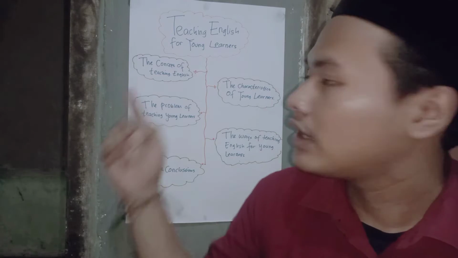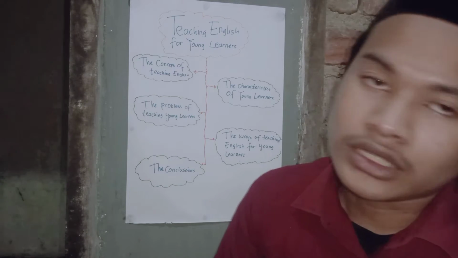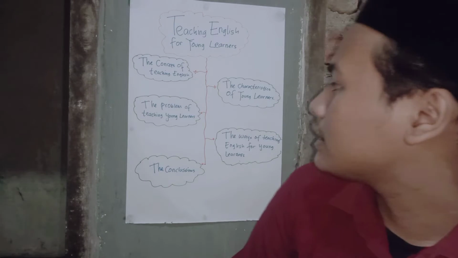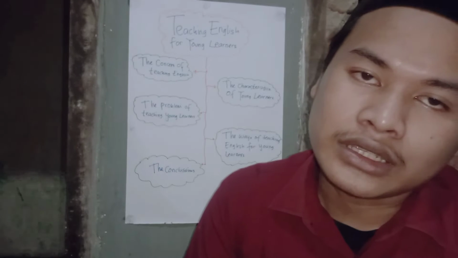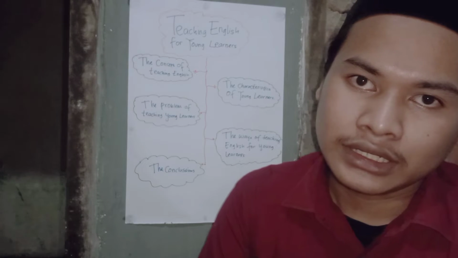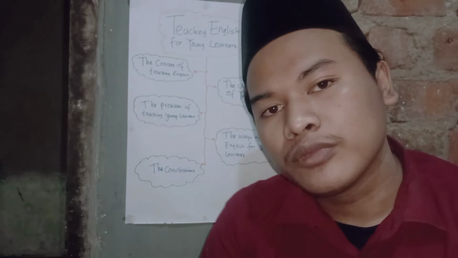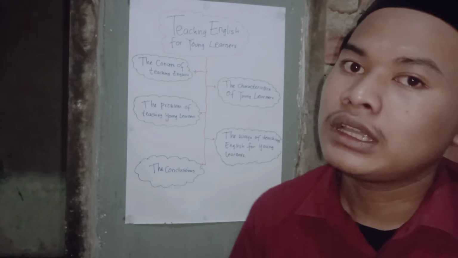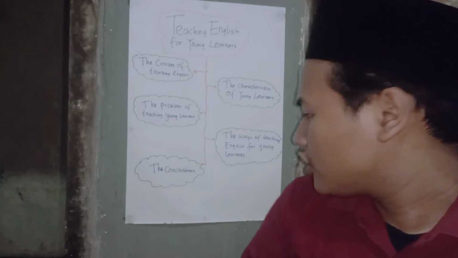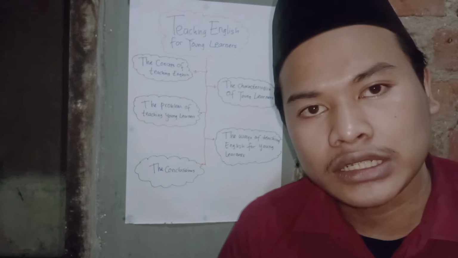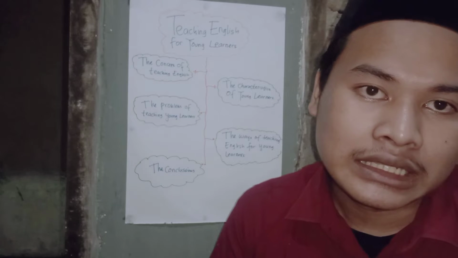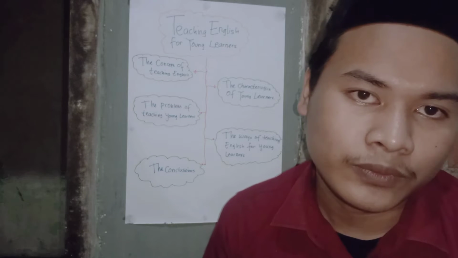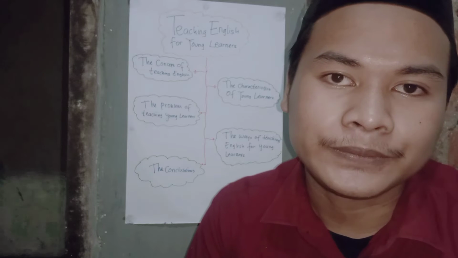The first is the concept of teaching English, and the second one is the characteristics of young learners, and then the problems of teaching young learners, and then the ways of teaching English for young learners, and in the last we will talk about the conclusions.